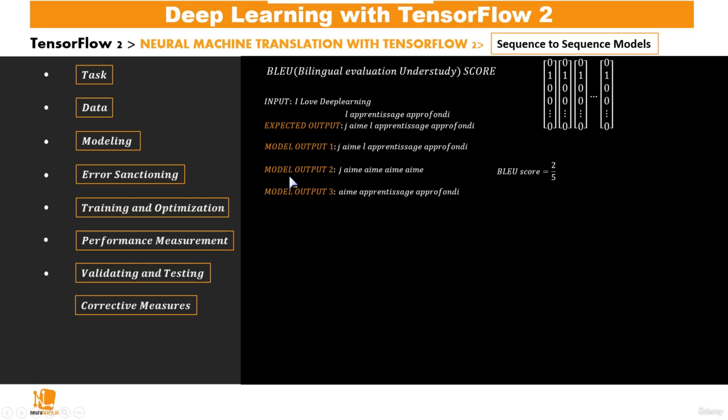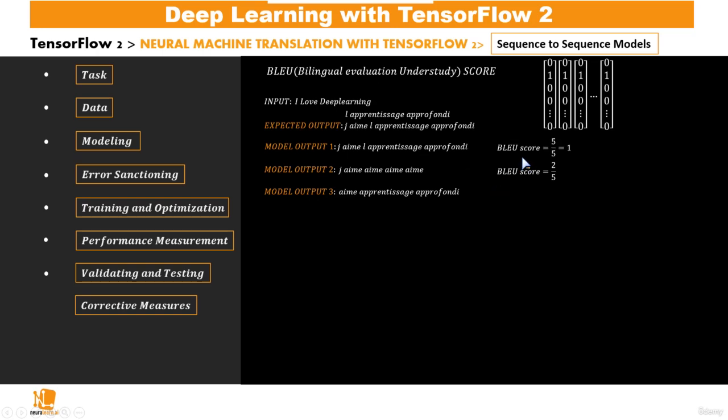Now note that if we didn't take this off, the G and the M, when we had already counted them, we would have had a BLEU score of 5 on 5, telling us that the model's output is perfect. But that is erroneous because this model output doesn't look exactly like the expected output. So that's why it's important that each time we have a match, we take the word off from the expected output. We're going to be comparing later on with the other words.